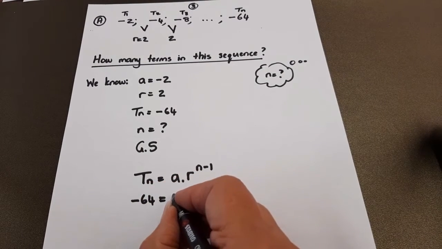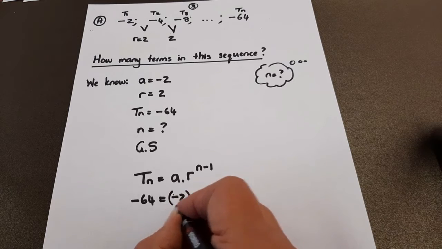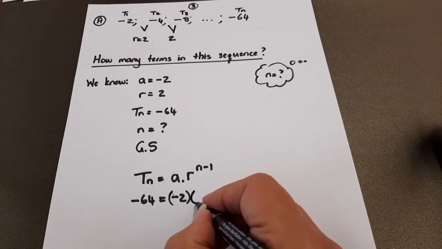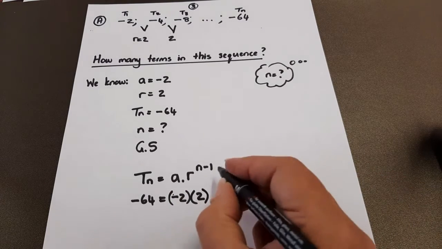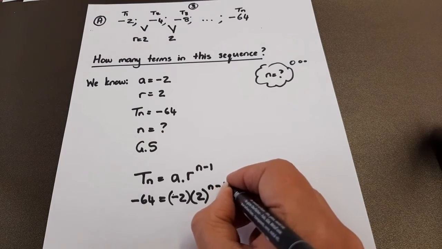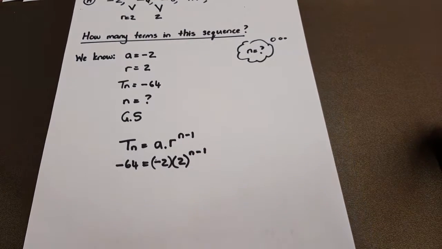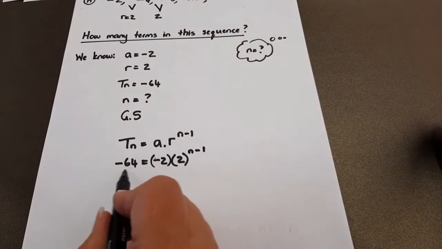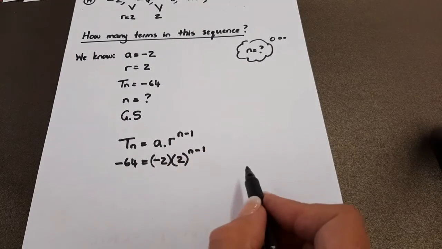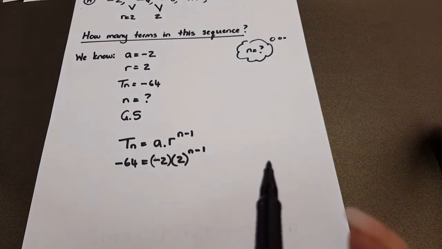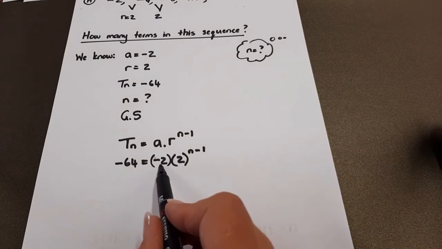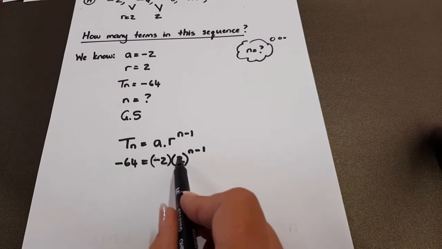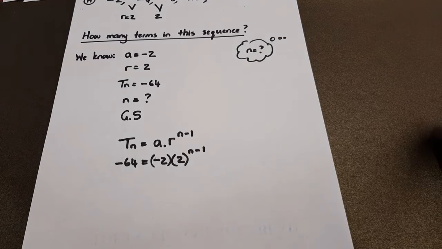A equals minus 2. And R is 2 to the power of n minus 1. Now you have an exponential equation. With the exponential laws, remember you can't multiply bases with each other.